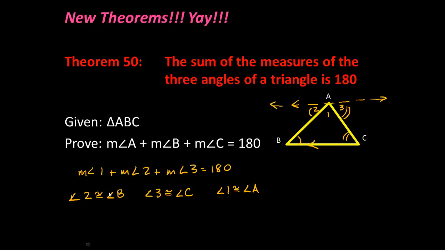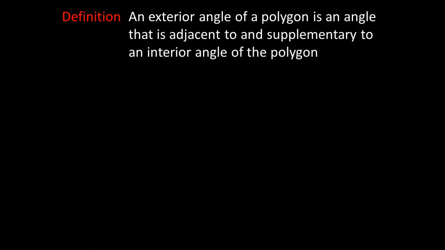So now by substitution we can plug in the measure of angle A plus the measure of angle B plus the measure of angle C equals 180. So that's how you prove it.